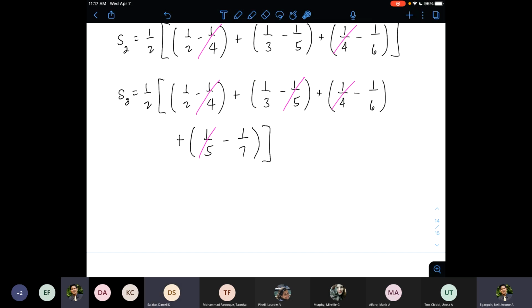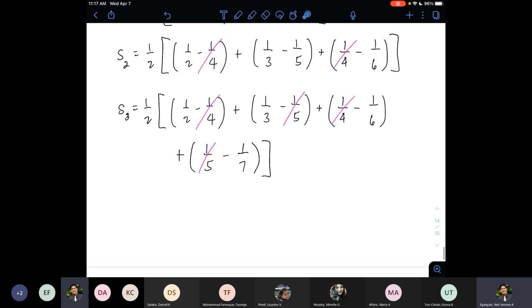Will 1/6 remain? I think it'll cancel in the next sequence, because if we look at S4, we will have a plus 1/6 minus 1/8, right? So 1/6 will be canceled. So only 1/2 and 1/3 will remain.